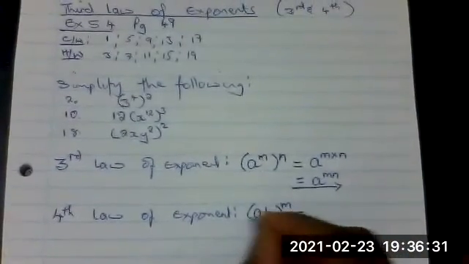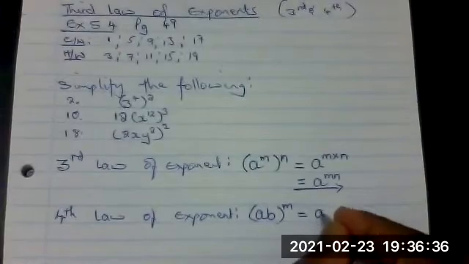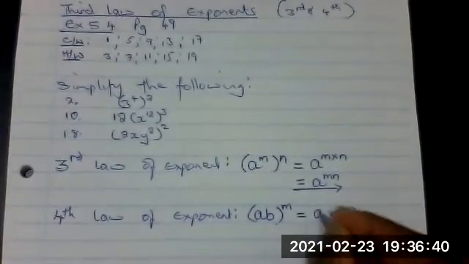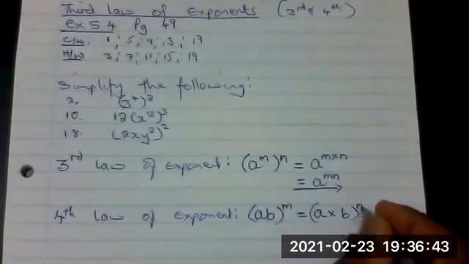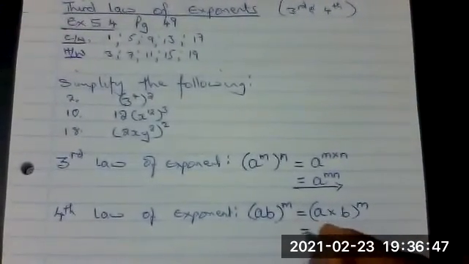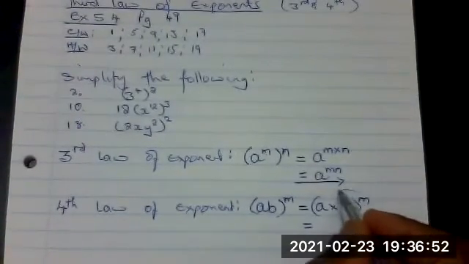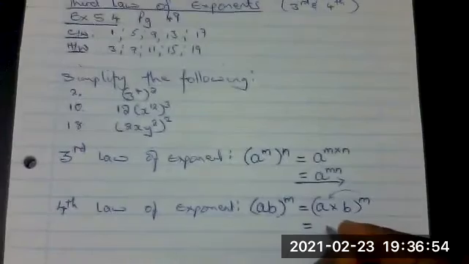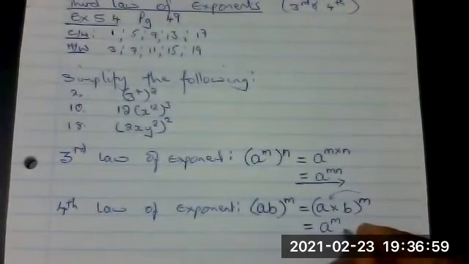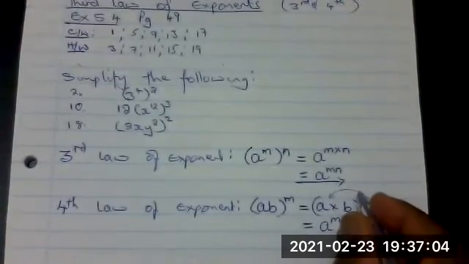We can simplify this by removing brackets to say it's a times b. I'm just expanding it before I distribute the exponent. So this is now equal to a to exponent m times b to exponent m.